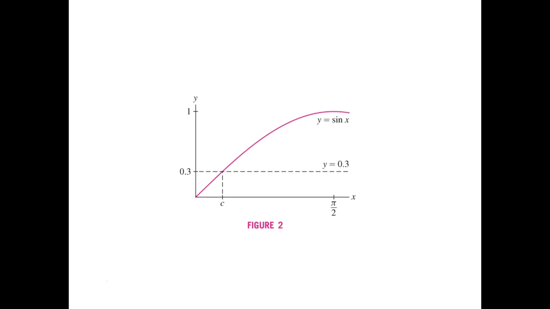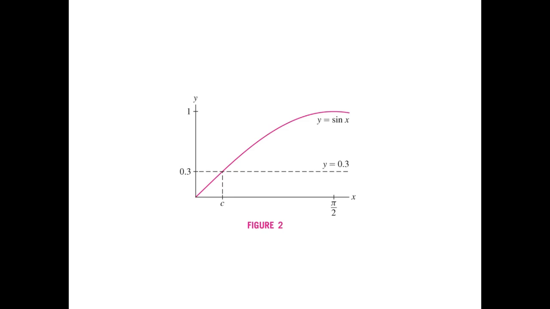Since it's a continuous function on the closed interval 0 to pi halves, there has to be at least one place on the interval where the function value is between 0 and 1, in other words, is 0.3. There is one, and in this case, only one.